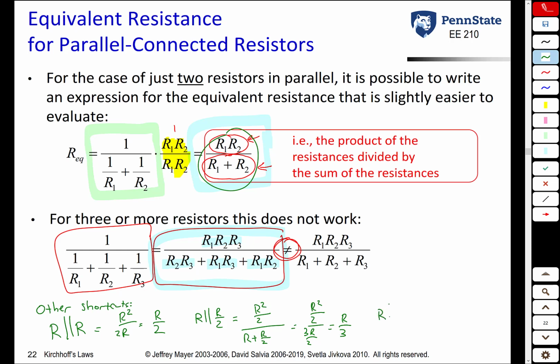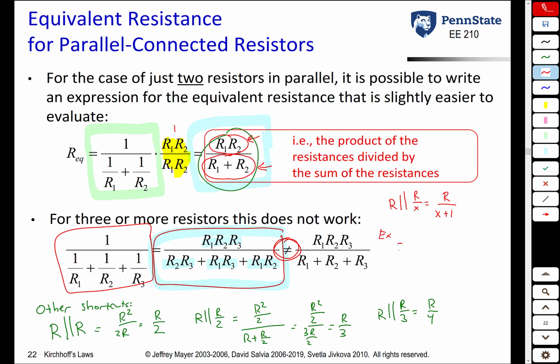Likewise, R in parallel with R over 3, following the same math, you get R over 4. In fact, you get this general expression: R in parallel with R over X is R over X plus 1.